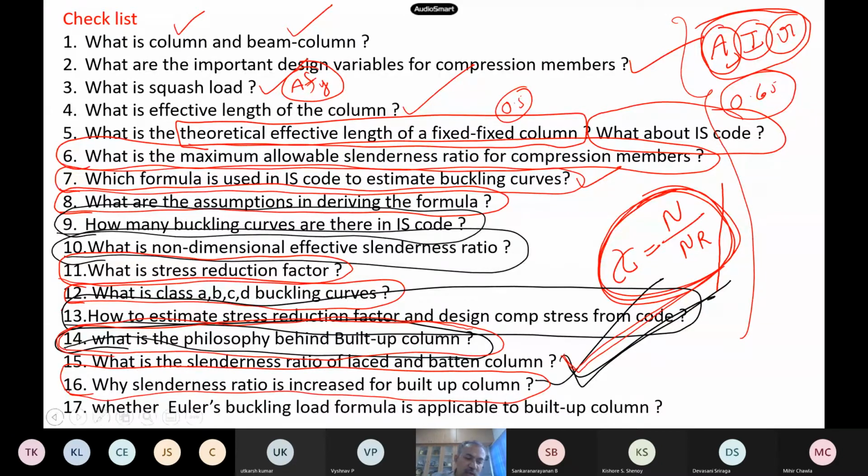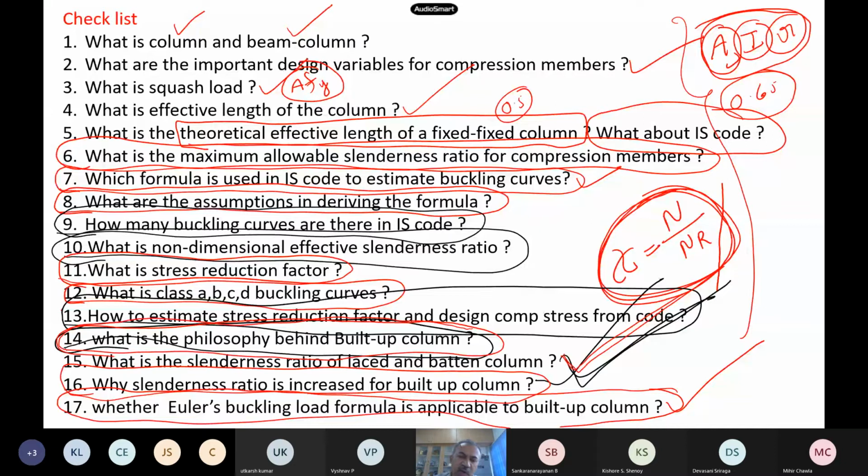Now, whether Euler's buckling load formula is applicable to built-up columns. If somebody asks you, can I use pi square EI by L square for these built-up columns also? This is related to the previous question itself.